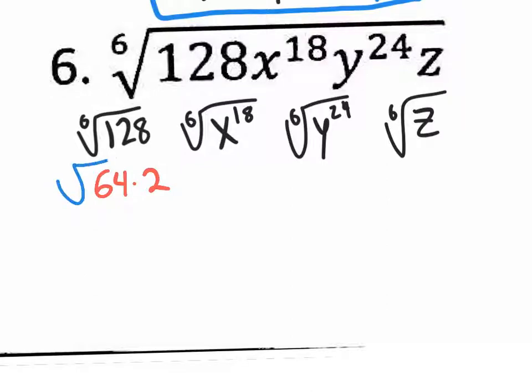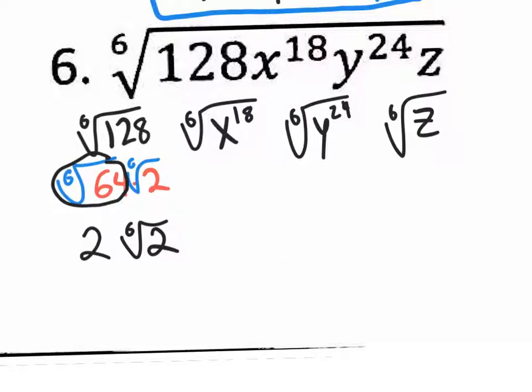That way, when we split the 6th root, this first part would be 2, and the 6th root of 2 is going to stay the 6th root of 2. Now this one's pretty easy because the 6th root is really the 1/6 power, which means that we need to take that 18 and divide it by 6, which would give us what? 3.